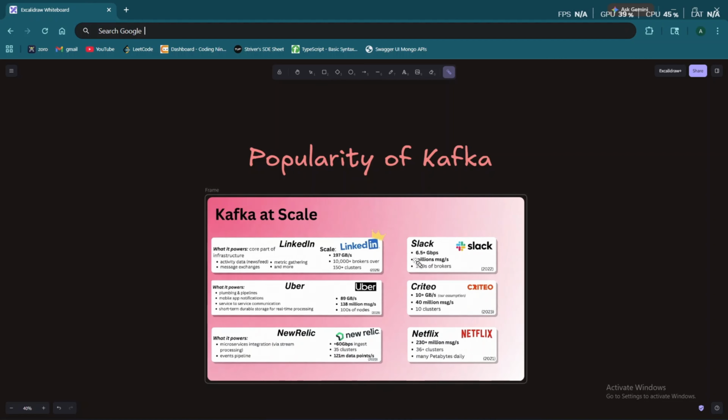Slack also processes data at 6.5 Gbps, millions of messages again. And Criteo, Netflix, all these companies use Kafka to scale their applications at an insane level so that their global reach is maintained and they can process millions of data points or transactions. This is the popularity of Kafka among big techs.